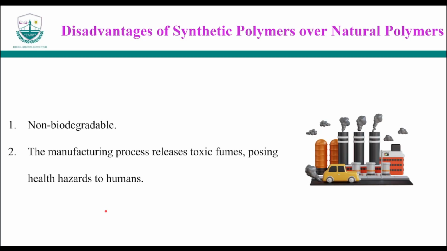The disadvantages of synthetic polymers are that they are non-biodegradable, and I've explained that. But secondly, even in their production, the industrial processes emit fumes, and these fumes are toxic to humans and living organisms.